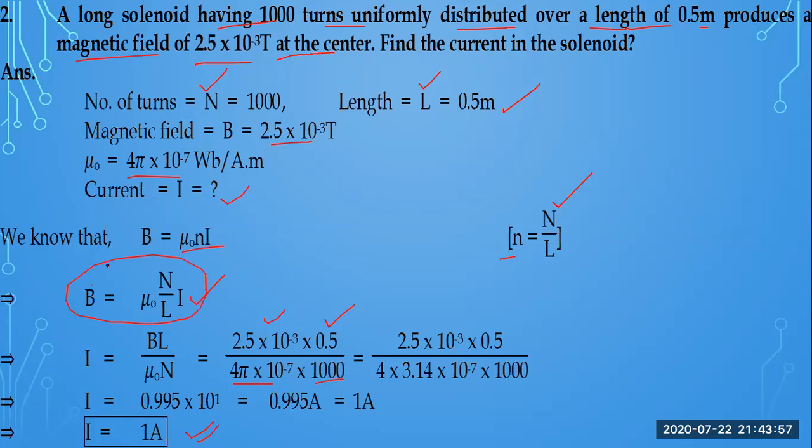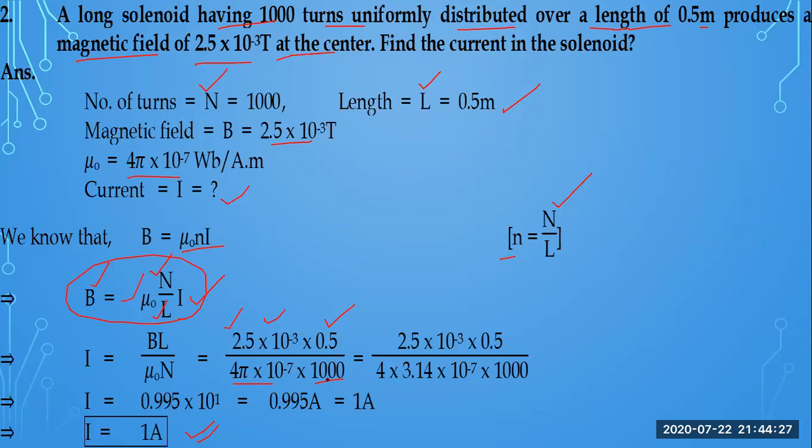You know the value of B, the number of turns, the length, and mu naught. After putting all the values in this formula, that is B, the length of the solenoid, and the number of turns, you are calculating the value of the current.